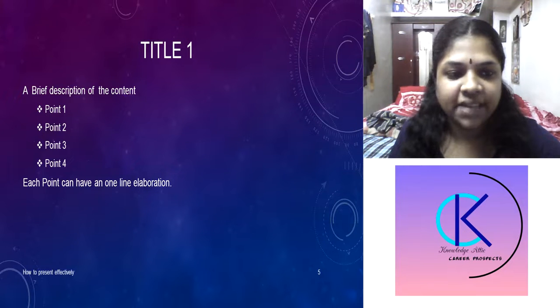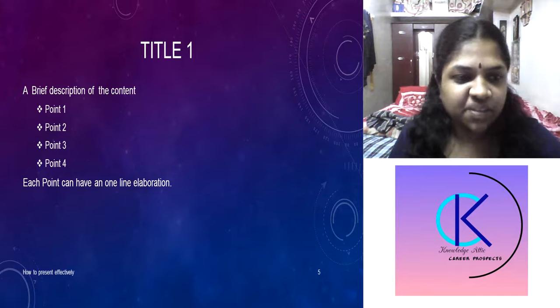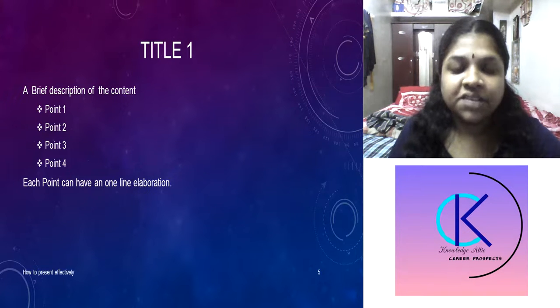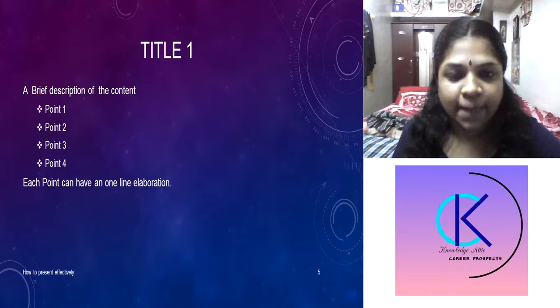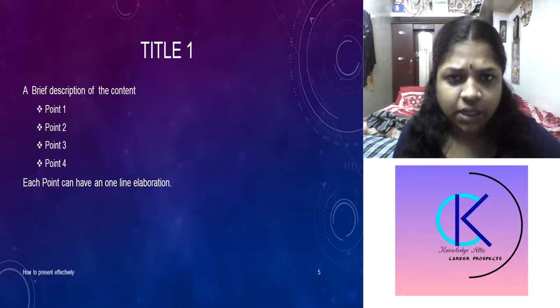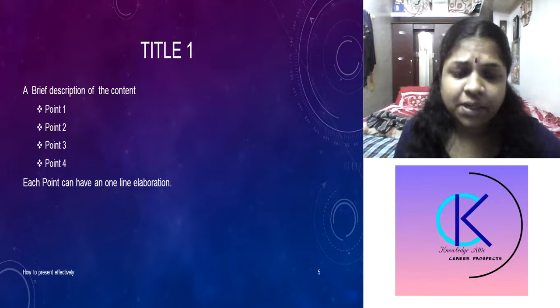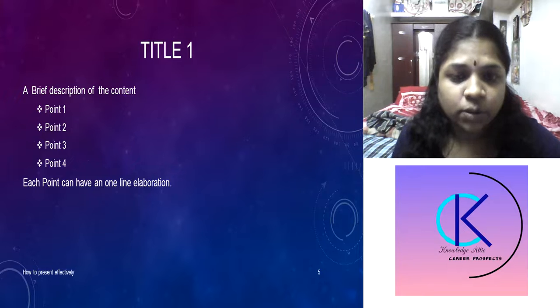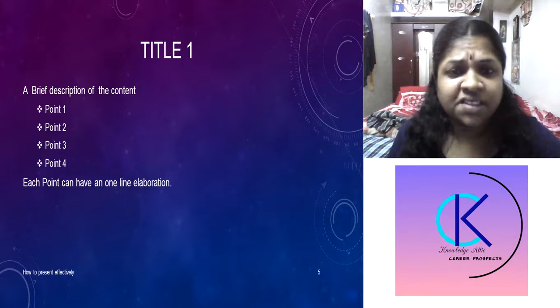In the next slide, I have included title 1, a brief description of the content and the points listed. Each point should have a one-line elaboration. If your content has a 2-3 line paragraph, don't include all the lines in the point. Select the one or two lines that are very important and add them as the point.